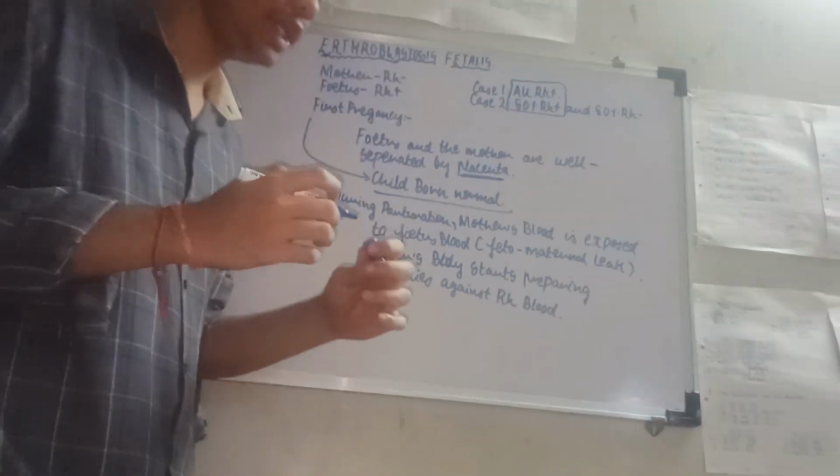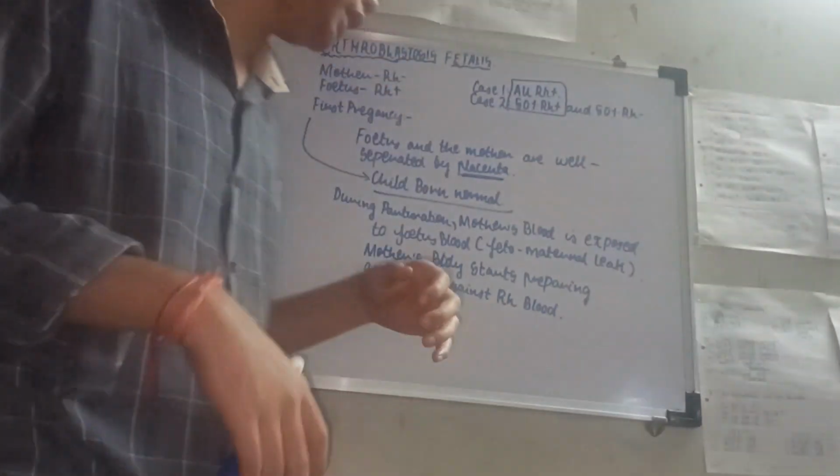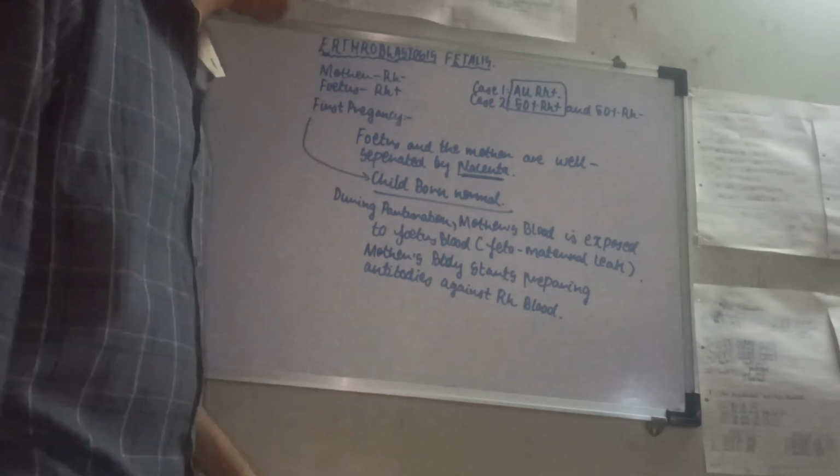So mother's body eventually starts preparing antibodies against Rh blood group.